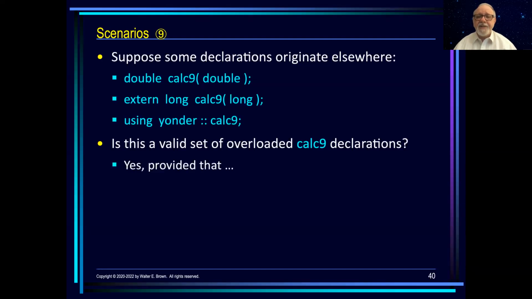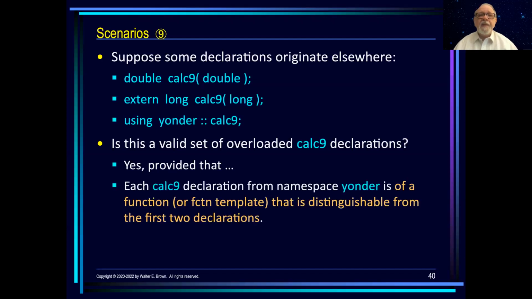Well, the answer is yes. Okay? It's conditionally yes. Each calc9 declaration from namespace yonder must be of a function or function template that is distinguishable from the first two declarations.